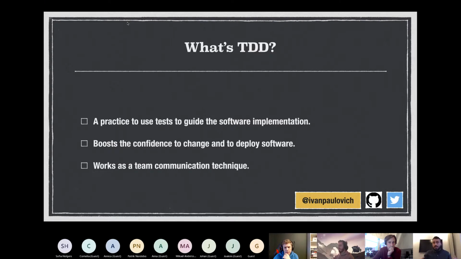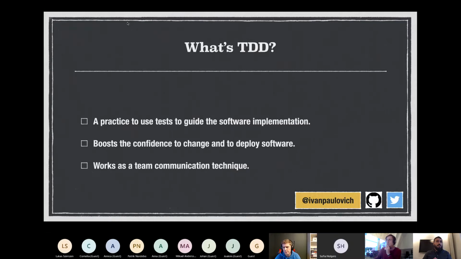By doing that, the engineer, the developer, communicates his intent to the code, to himself, of what he's doing, and it also becomes a source of communication, especially when you have multiple engineers working on the same code base. So the tests show the intent of the software, another way of understanding the purpose of that code base.